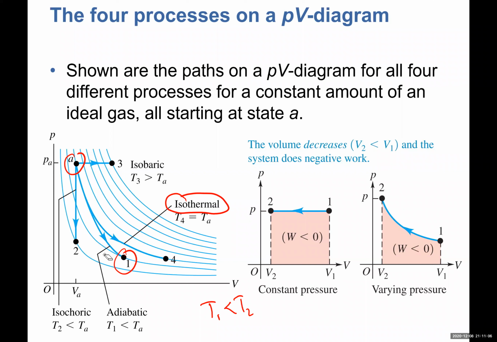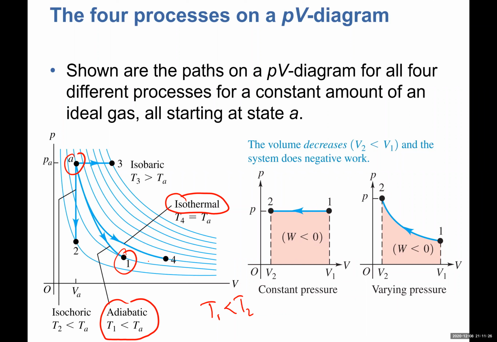One of the things we're going to see is that every one of those lines represents a very specific type of process, and you can see the name for those. For example, if you go from A to 1, it is known as an adiabatic. We're going to talk about adiabatic, but this is an adiabatic where you do decrease your temperature.